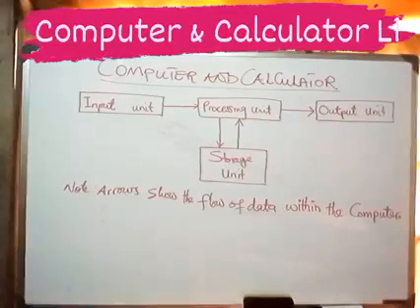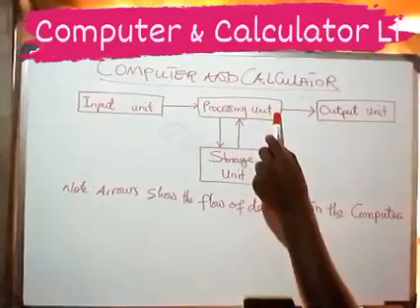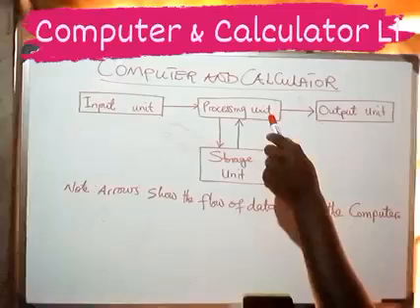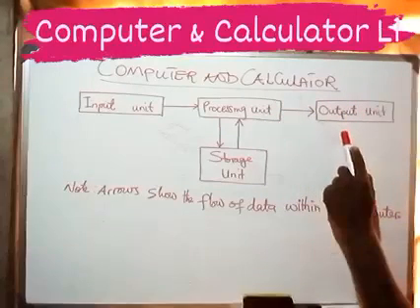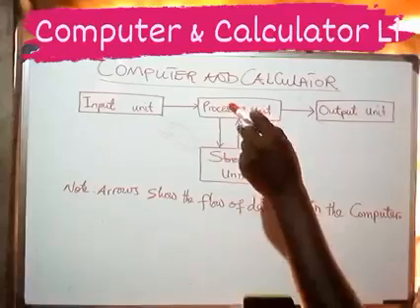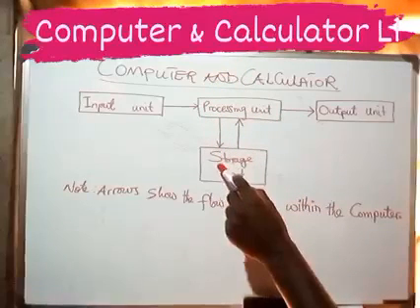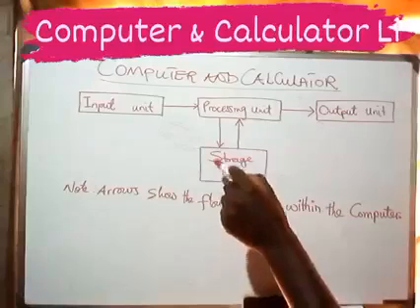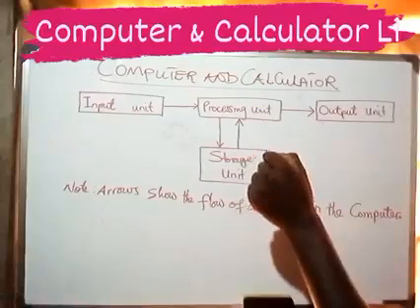This is what we have under computer hardware, which are the categories. We have the input unit, then we have the process unit. When you process something, there must be an output. Even when you process it, that thing can be stored. This is the storage unit within the computer.